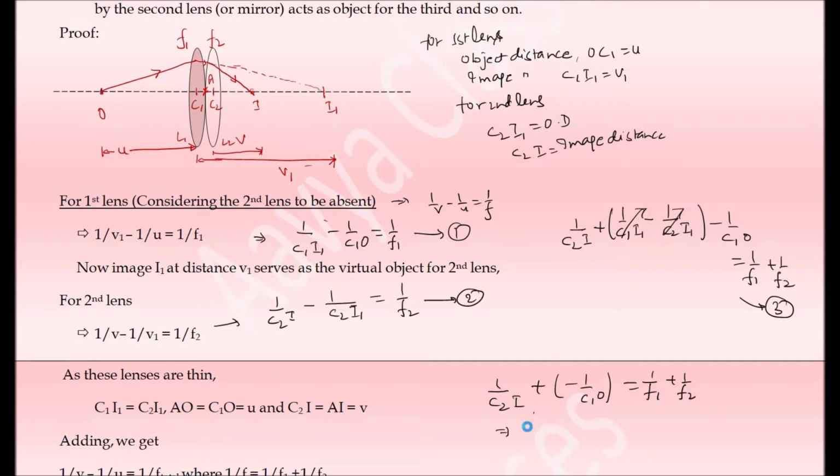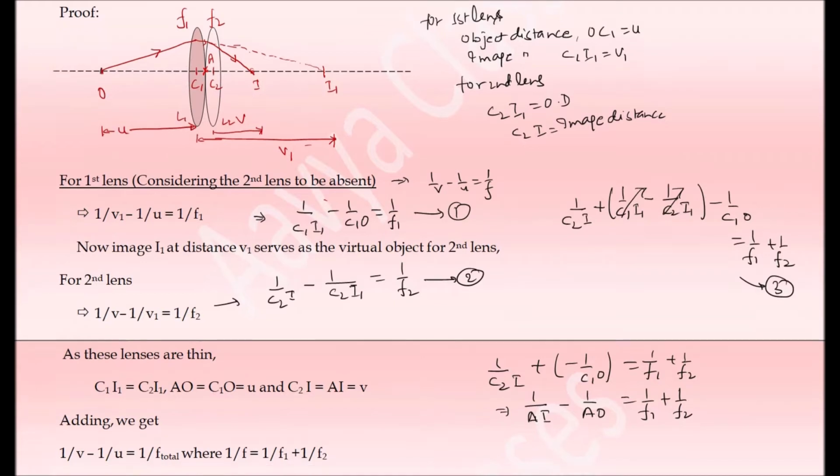So C2I is AI, and C1O is AO, so 1 by AI minus 1 by AO is equal to 1 by F1 plus 1 by F2. Now for this equivalent lens, AI is the image distance, AO is the object distance. So we may replace it by 1 by v minus 1 by u is equal to 1 by F1 plus 1 by F2, and as we know from the lens formula, we may write 1 by v minus 1 by u is equal to 1 by F equivalent.